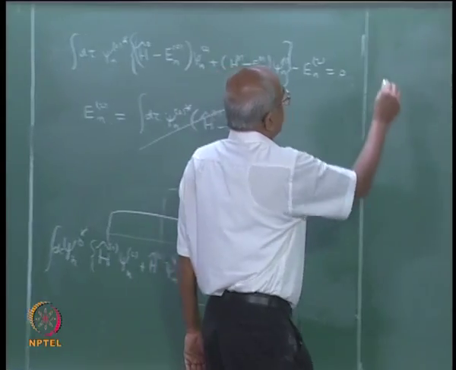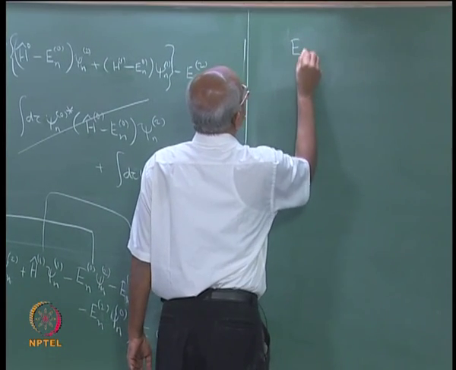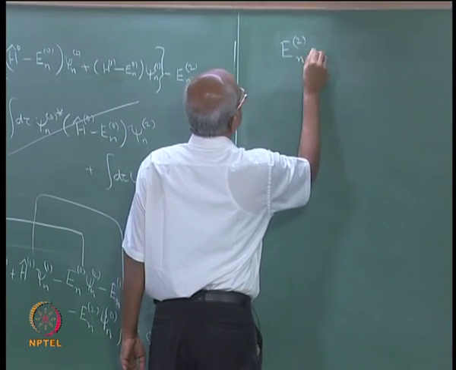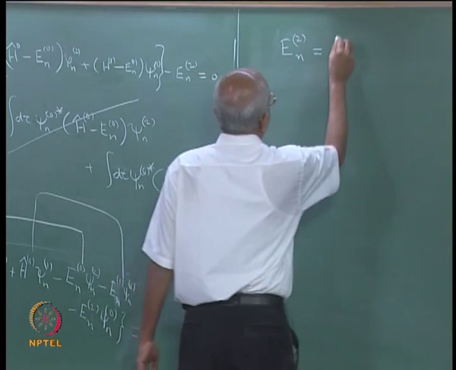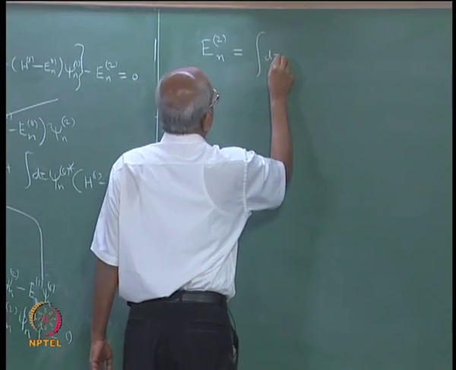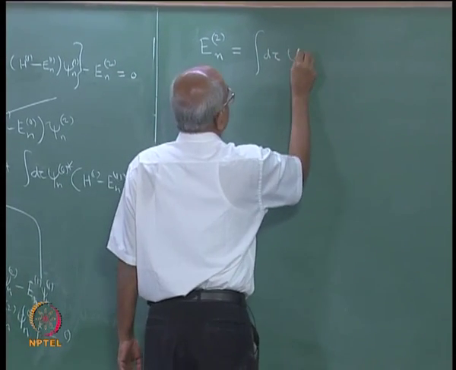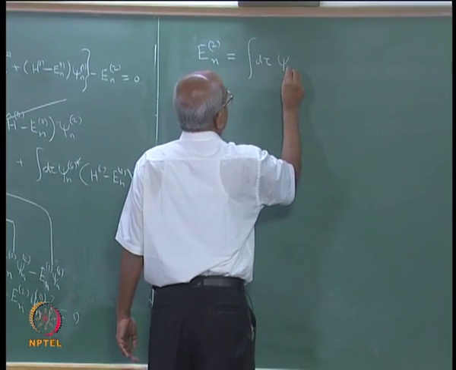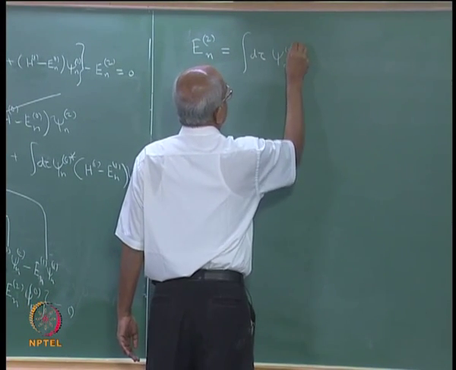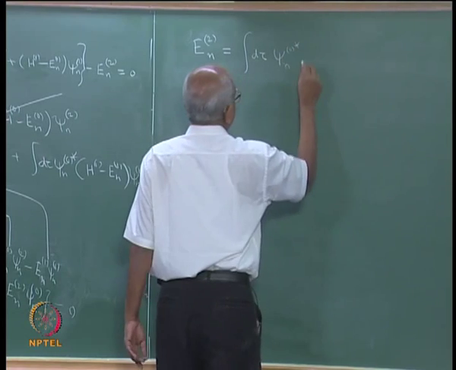And what do I have left? I have this expression. This is what I told you. Whenever you do this kind of thing, the intermediate steps may appear complex, but the final answers appear to be very simple.